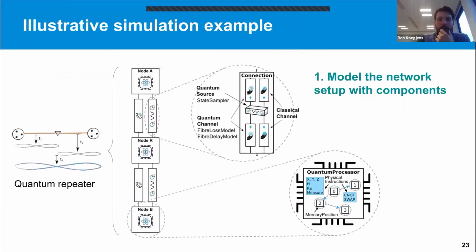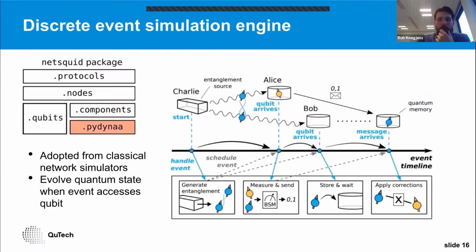There are events on the timeline. And those events are generally classical logic. Sorry, that's maybe not the best way to describe that, but those events are really classical events. So a qubit's arriving, or some sort of instruction or operation is scheduled from the classical logic.